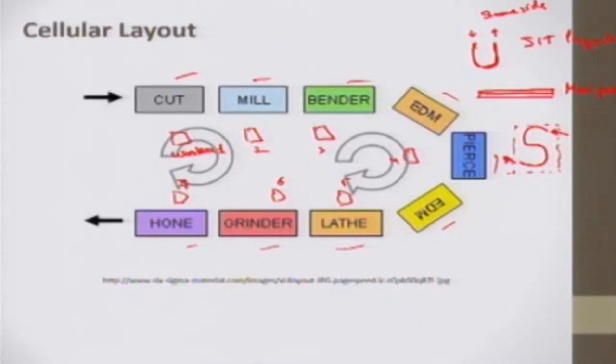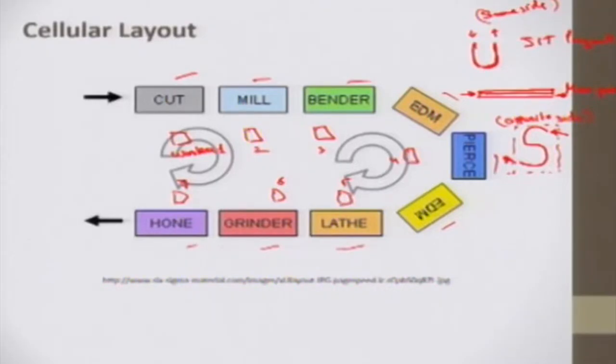Same side, this is opposite side. In this case, the receiving and shipping is on the opposite side, 180-degree opposite here. So this is S kind of layout.